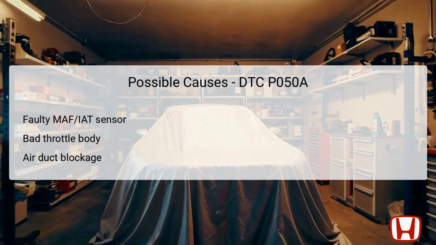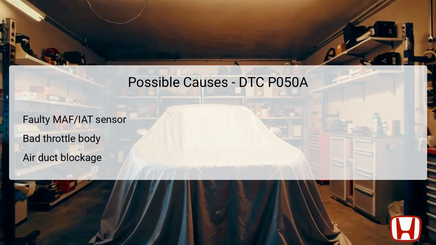A faulty MAF sensor can fail to deliver accurate air volume measurements, affecting the engine's air-fuel mixture during cold starts. Similarly, a bad IAT sensor might not relay accurate temperature data, which is essential for making adjustments to air intake. Another potential issue could stem from a contaminated or damaged throttle body, restricting airflow and negatively influencing idle control.